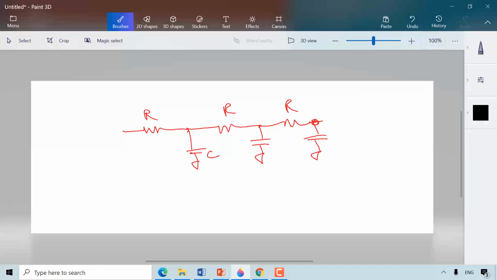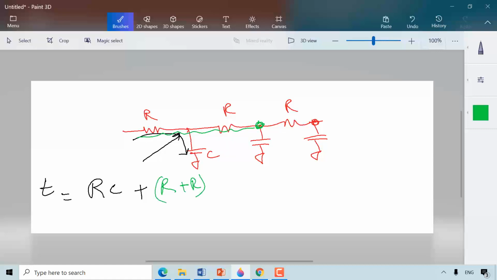The delay equals, first I need to charge this point, which is equal to RC, plus, then I need to charge this node. So I have to go through two R's, R plus R, times this C.